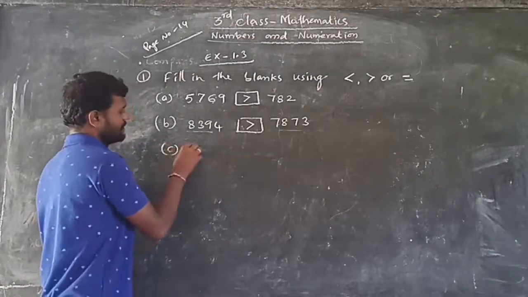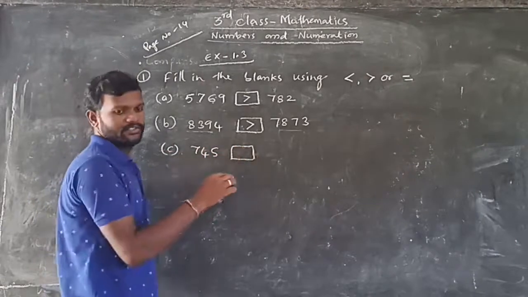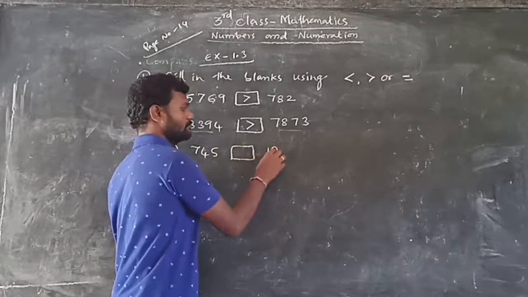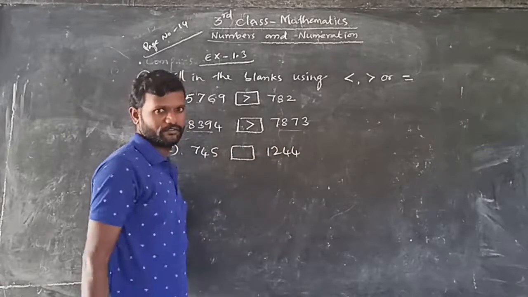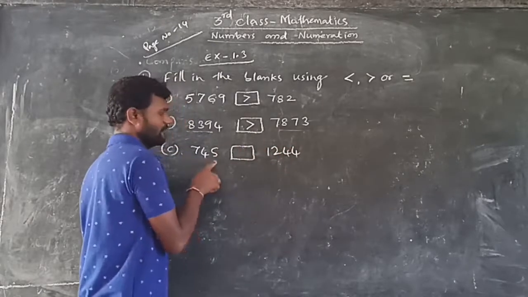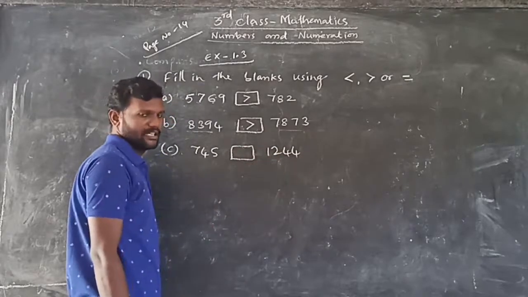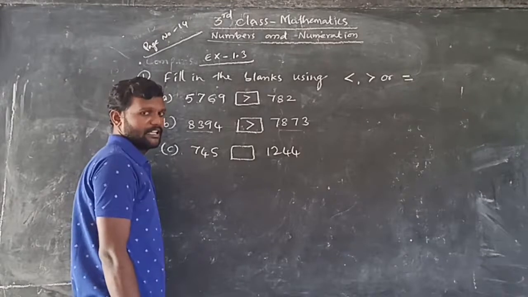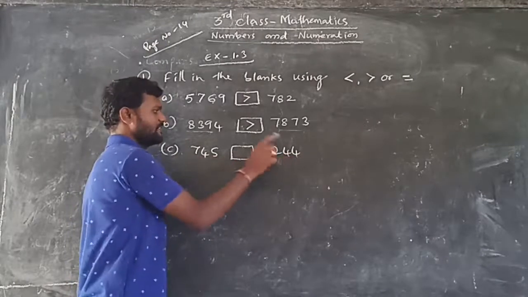C: 745 and 1,244. Which is the bigger number? This number has 3 digits and this number has 4 digits.